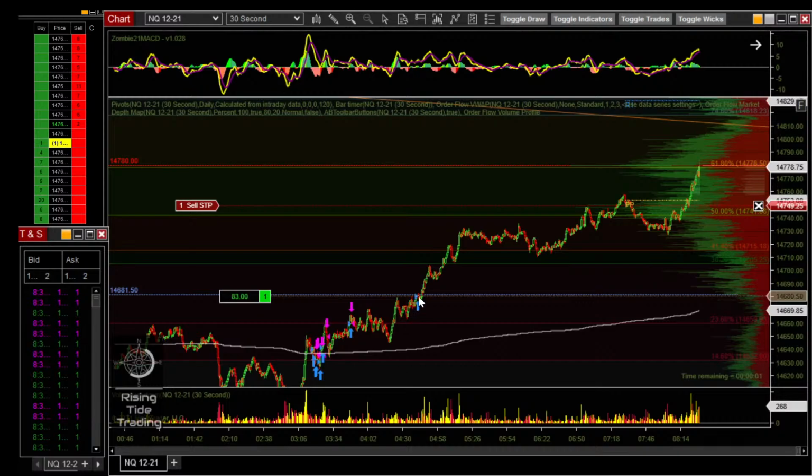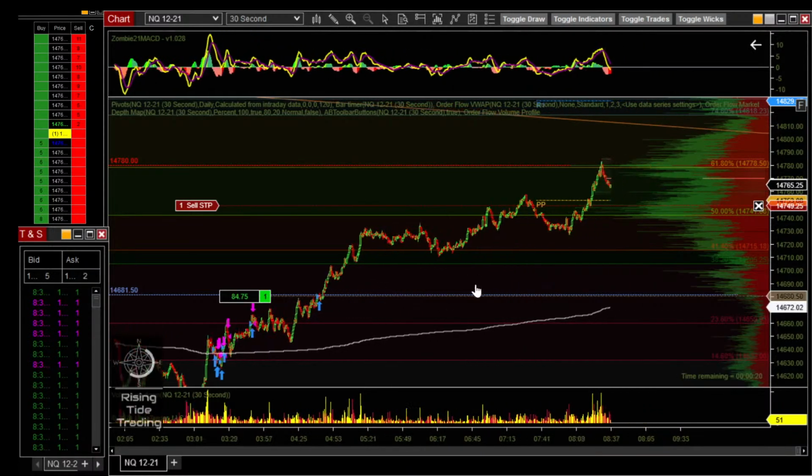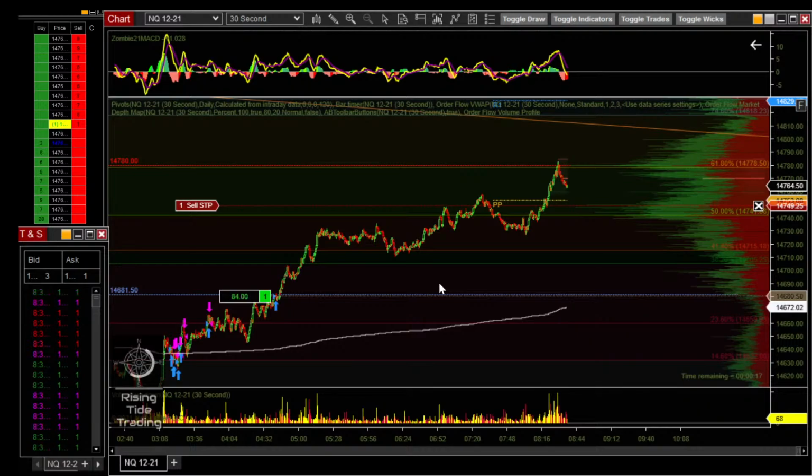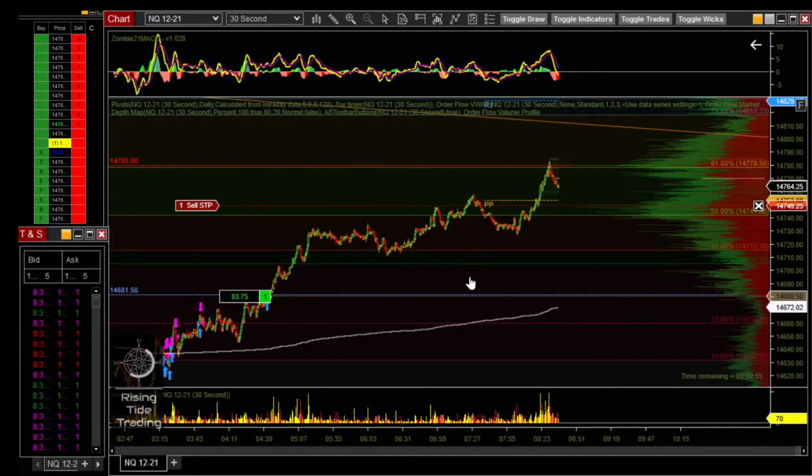So it's like, if you break the 127, I'm gonna enter and go to sleep. So I entered, put my stop in, and went to sleep, and I woke up this morning like that. My goal was right here, this trend, at 14,800. That would give me about 120 points.